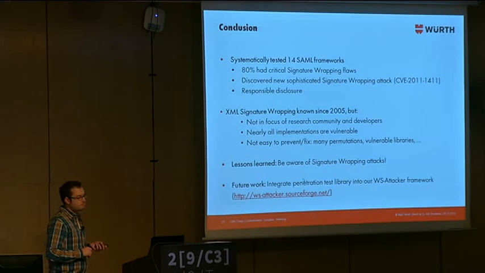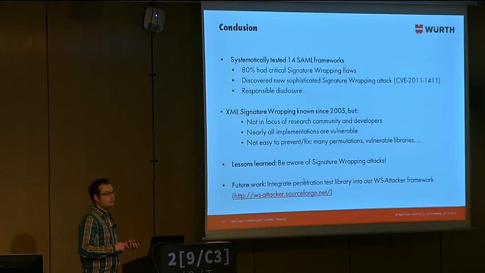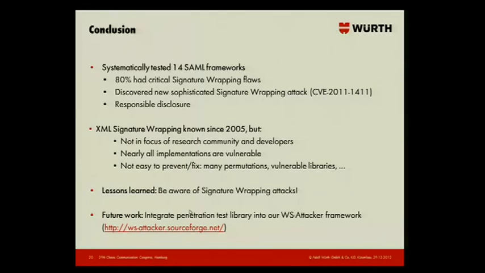Good. To sum up, we systematically tested 14 SAML frameworks and we found out that 80% of them had critical signature wrapping flaws. We also discovered a new sophisticated XML signature wrapping attack on the OpenSAML framework. We closely collaborated with the security response teams of these projects to fix the flaws.